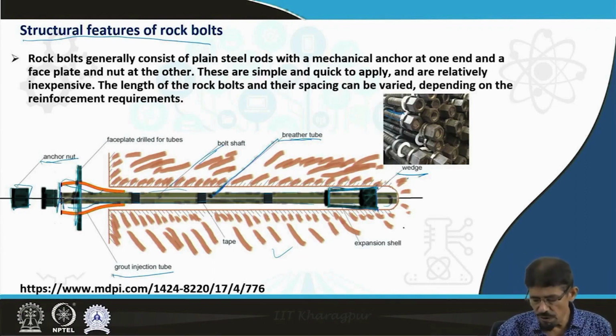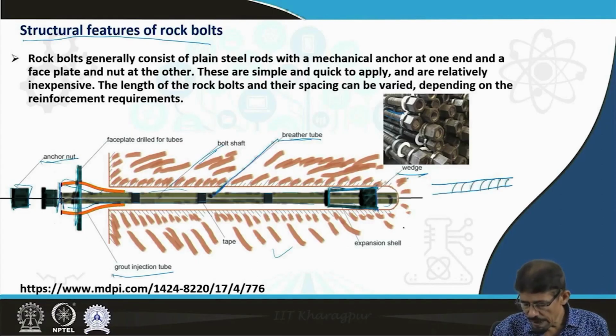In simple terms, the solid bolts have a thread type of structure, you can see the thread, and then the end is supported by a face plate, and this lower part is connected with a nut, and this outer part is sometimes pointed in nature and bifurcated up to a certain extent.